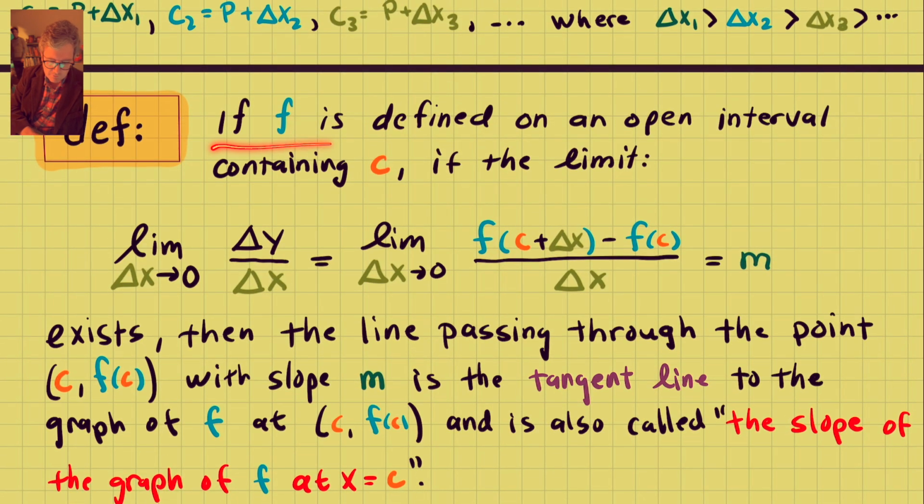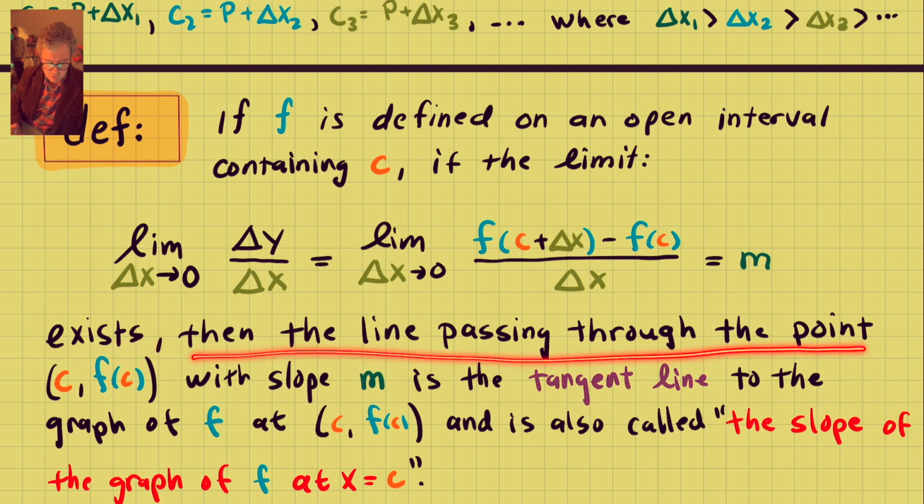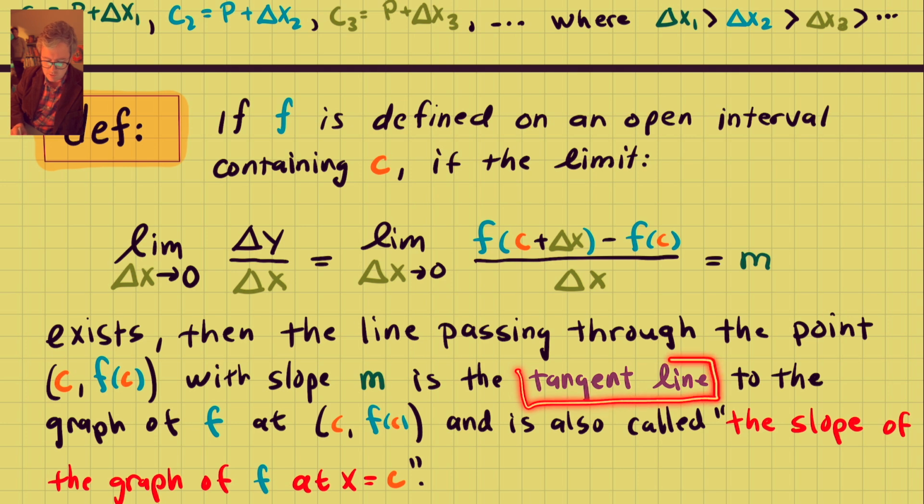So if f is defined on an open interval containing c, and if the limit as delta x goes to 0 of f of c plus delta x minus f of c over delta x exists, then the line passing through the point c, f of c with slope m is the tangent line to the graph of f at that same point.